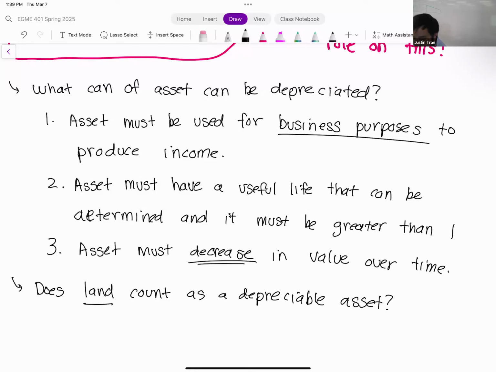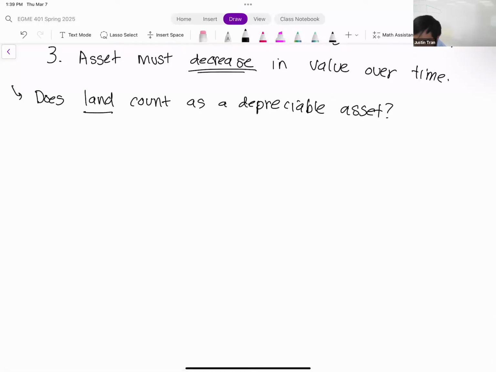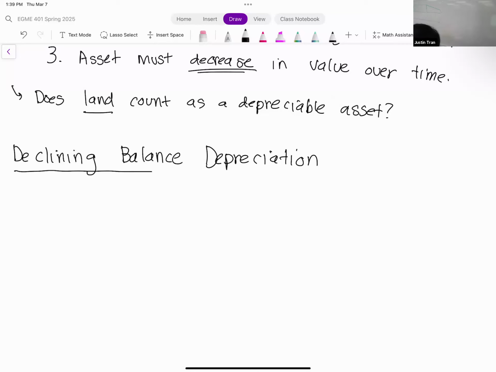All right. So let's get to the next depreciation method. The next depreciation method is called declining balance depreciation. The idea with declining balance depreciation is that instead of declining by a fixed amount each year, the rate at which an asset loses value each year stays constant.